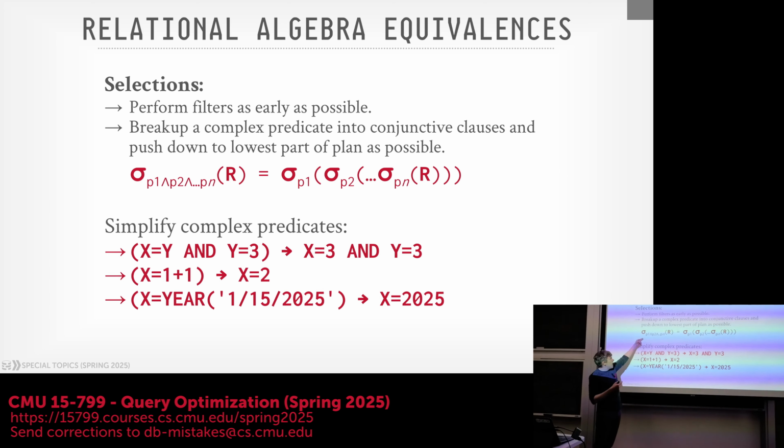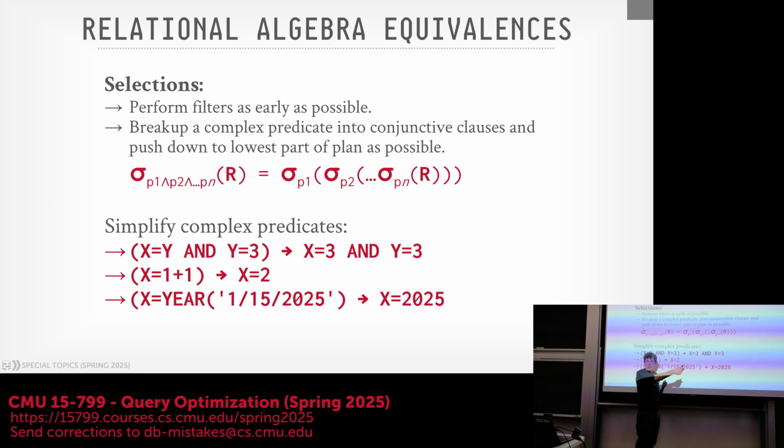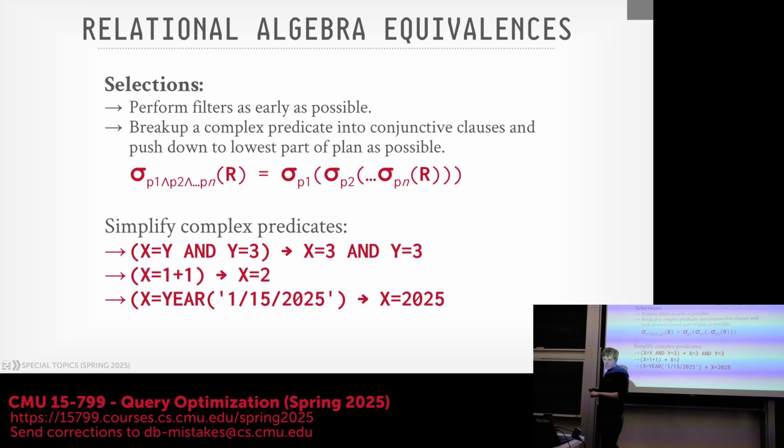So when we have a predicate with a bunch of conjunction clauses, like a bunch of ANDs together, I can just break them up on the ANDs and have separate individual selection operators that are daisy chained together, and it's still going to produce the correct answer. This allows me to start moving predicates around that, as they were written initially, are all together in the WHERE clause. But if I can break them up, I can move them down different branches of the query plan to push them below joins or below certain operators.